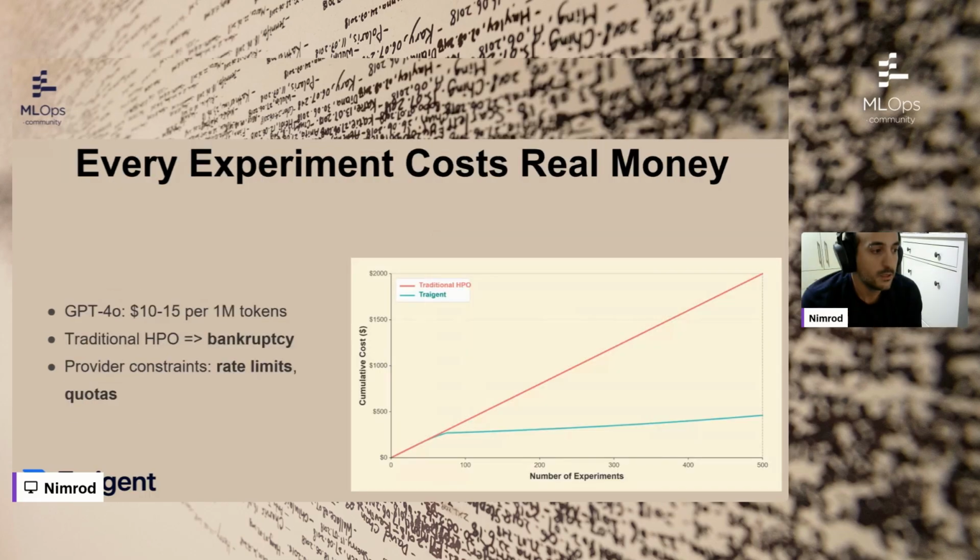Why? Because an AI approach is going to be very pricey. If we're going to have to run an evaluation set over every configuration, and we're not too careful, we can easily reach bankruptcy. Thousands of configurations, each one's going to cost you 20, 30, $40 to evaluate. It's not going to scale.